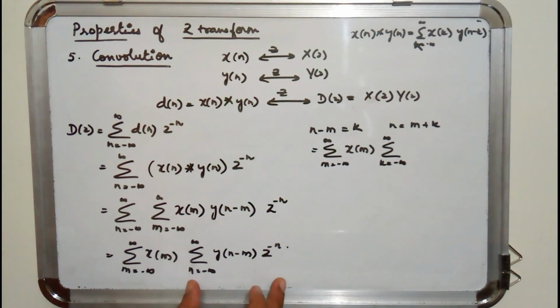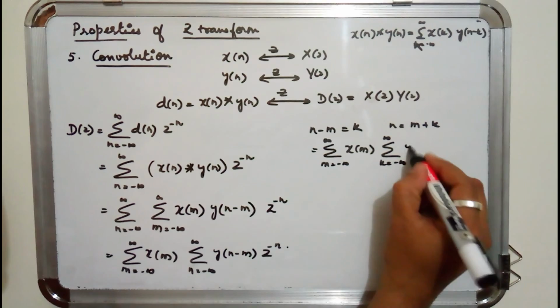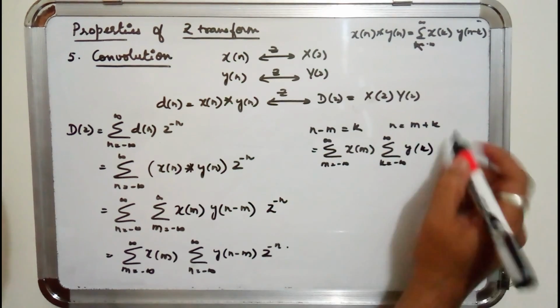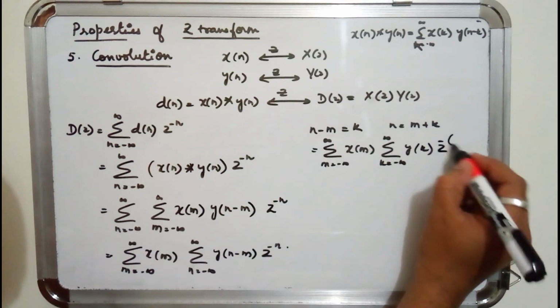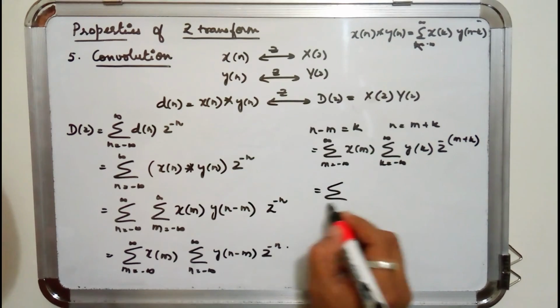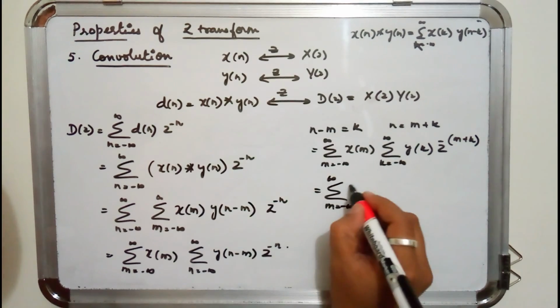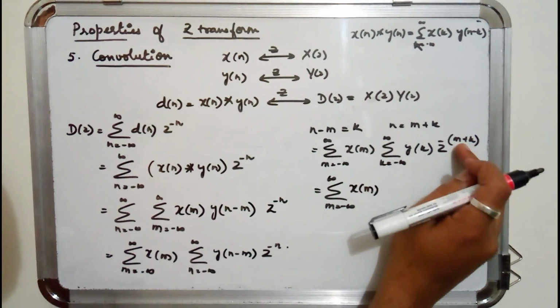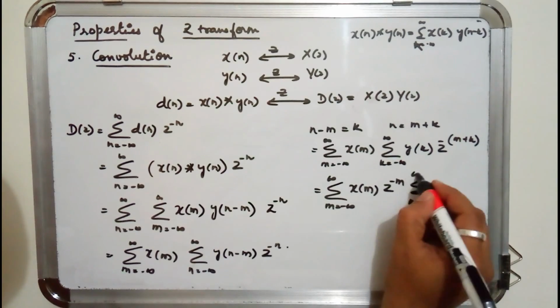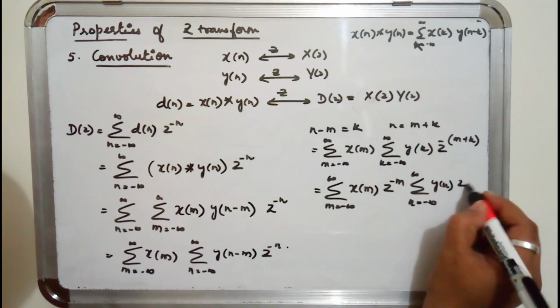I think this part is clear to everyone. n minus m, I am substituting it as k. So I will be getting y of k into z power minus n, which is what? m plus k. So I can rearrange this: summation m is equal to minus infinity to infinity x of m, z power minus m I will take here, summation k is equal to minus infinity to infinity y of k, z power minus k.